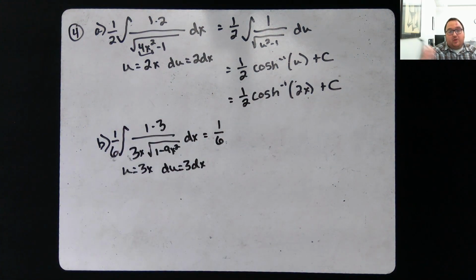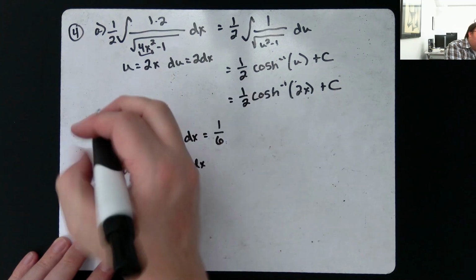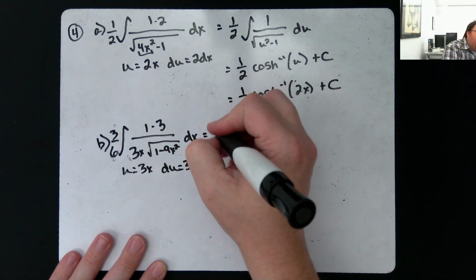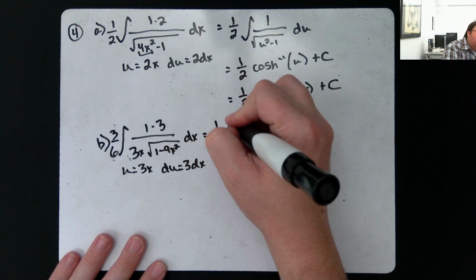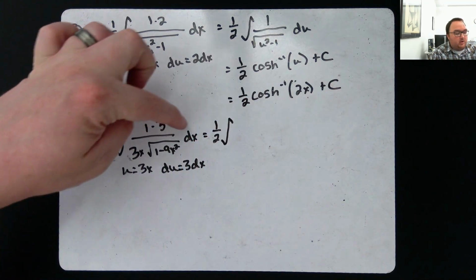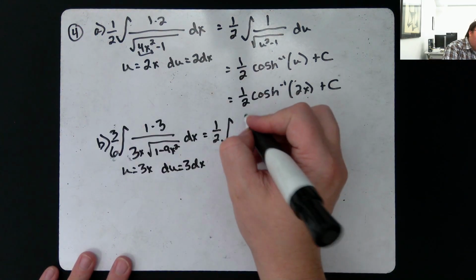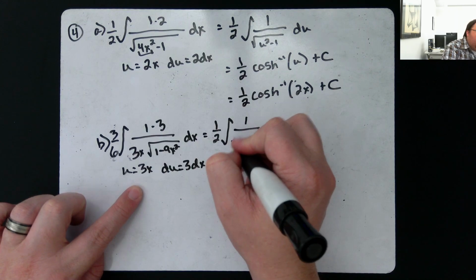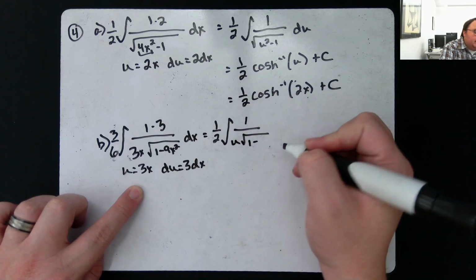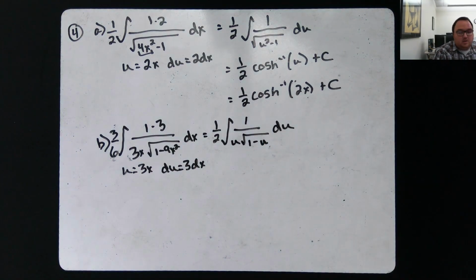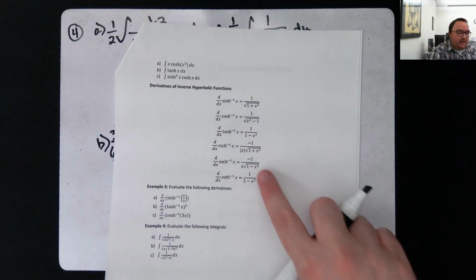Only way I can put a 3 there is if I put a 3 on top, which would then bring this to being 1/2 integral. The 3 would then fall in with the dx, so that's okay. And so I get 1 over 3x is my u, square root of 1 minus, this is 3x squared, so u du. Now it looks exactly like this.